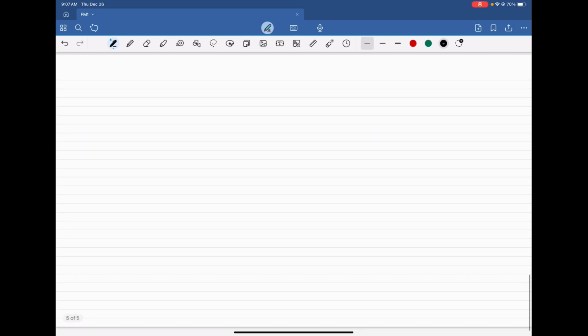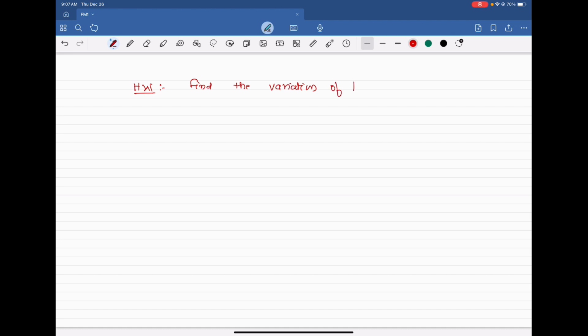Homework is: find the variation of dynamic viscosity and kinematic viscosity with respect to time.